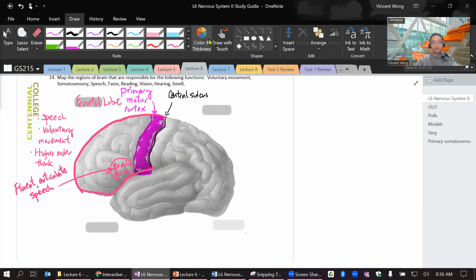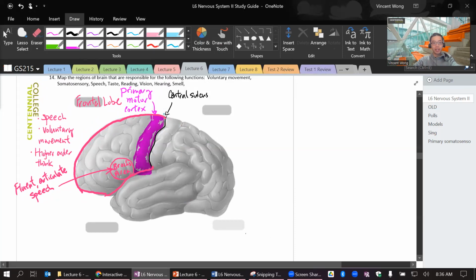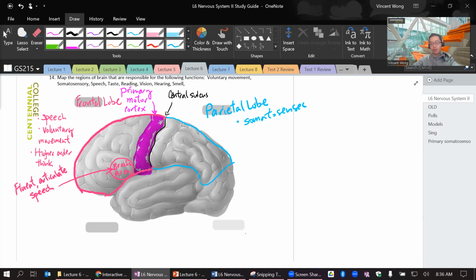So that's that. All right, next, behind we have another lobe right here. That would be the parietal lobe. And the parietal lobe's dedicated function is somatosensation, right? Bodily senses, from skin, from muscle. It tells you what kind of texture you're feeling, pain, temperature, the tension in your muscle, how much the muscle is being stretched as you're lifting heavy things.